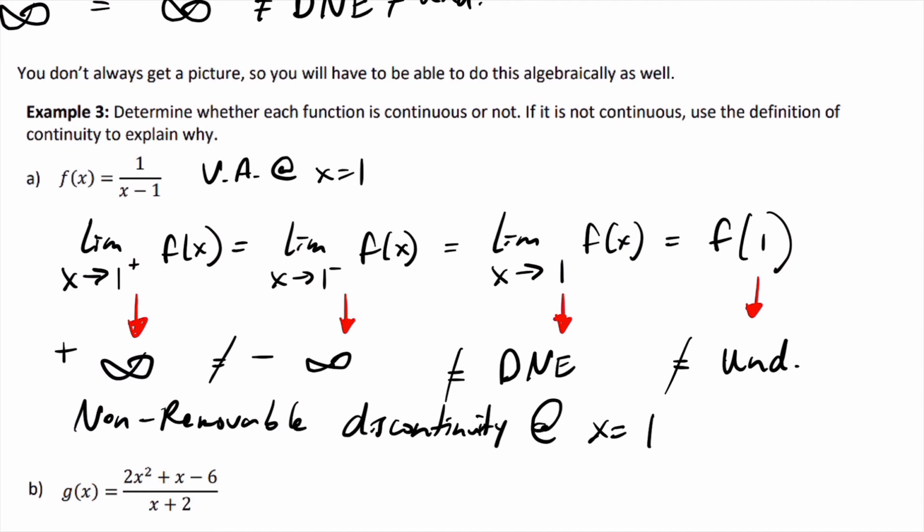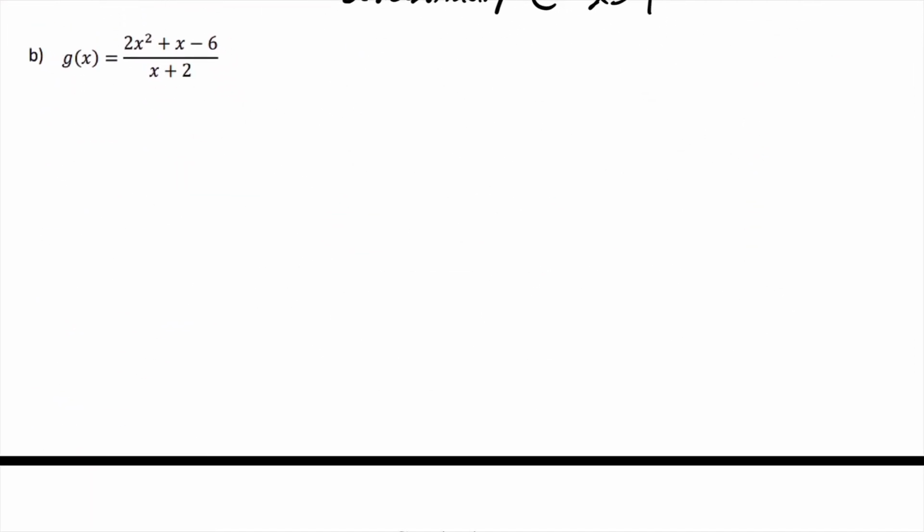What pre-work should I do for B? There's a couple things I should do. What are the couple things I should do before I start actually doing the definition? There you go. Factor to make sure there's no holes first. And then once I factor, then maybe there will be a hole or even a vertical asymptote on the bottom. Okay, so let's factor it first.